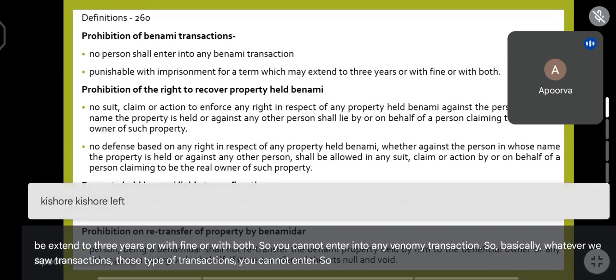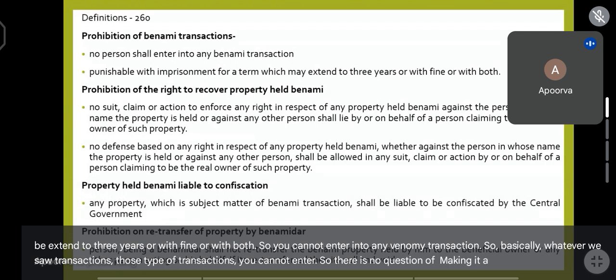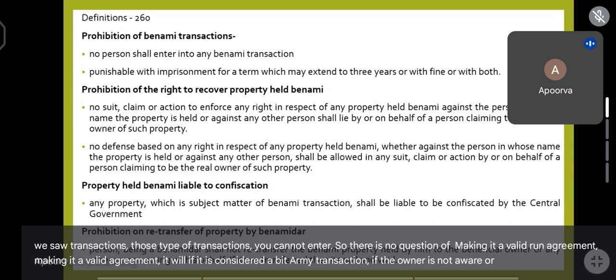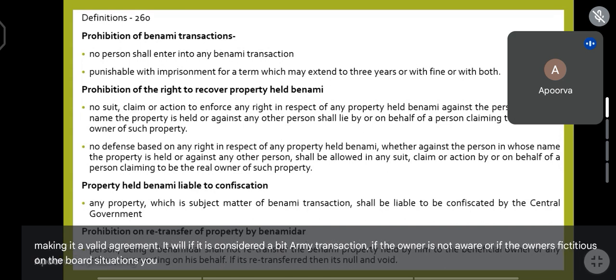There is no question of making it a valid agreement. If it is considered a benami transaction, whether the owner is not aware or the owner is fictitious, under both situations you cannot make it legal, because the whole transaction has already become a benami transaction.